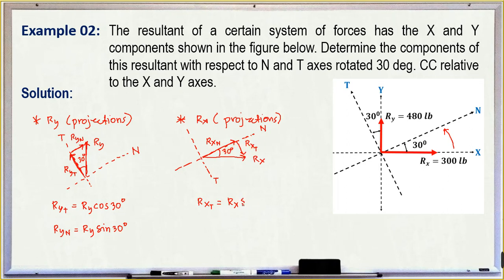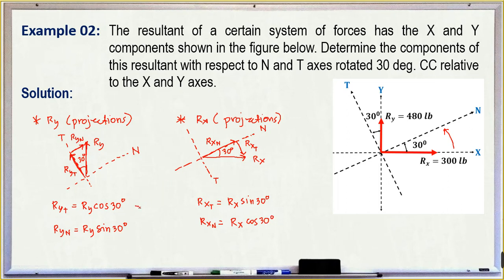So Rx sine of 30 degrees, and we have Rxn equals to Rx cosine of 30 degrees. Okay, so mauna siya.